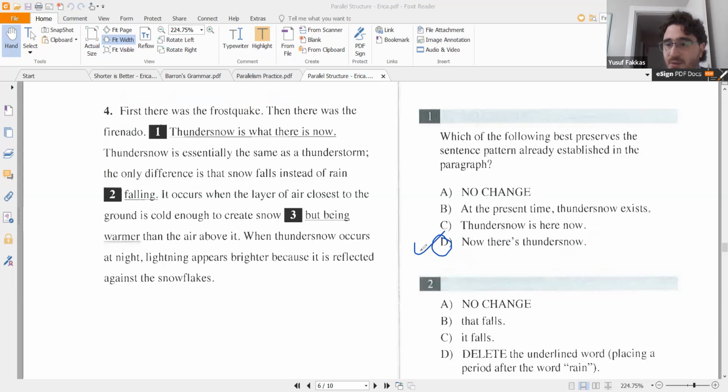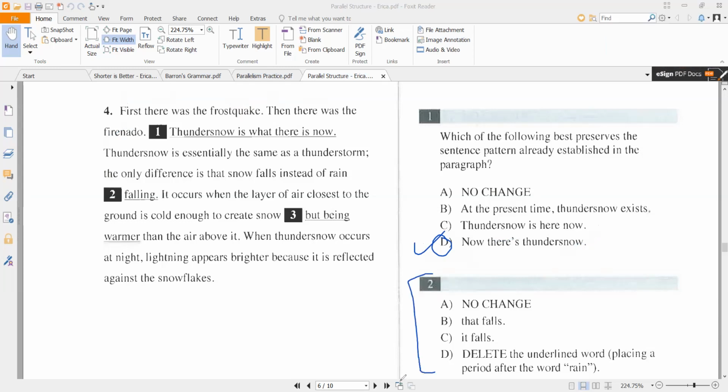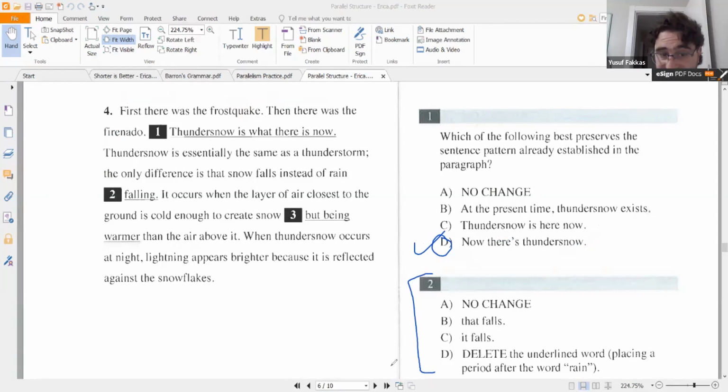If we move to the second question, Usama, he was saying that thunder snow is essentially the same as a thunderstorm. The only difference is that snow falls instead of rain falling. What should we do here, Usama, in question number 2?